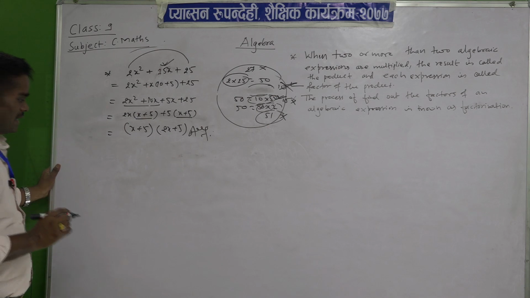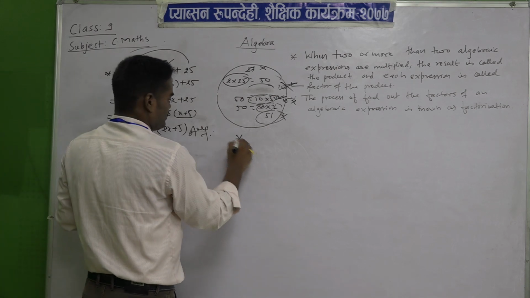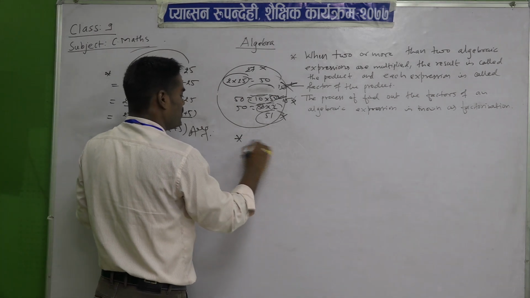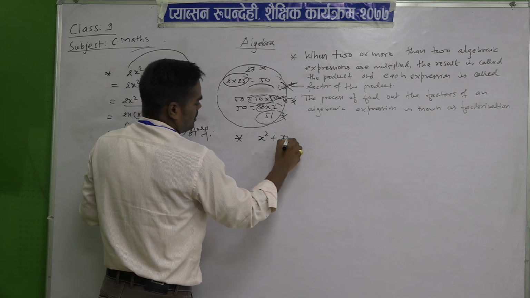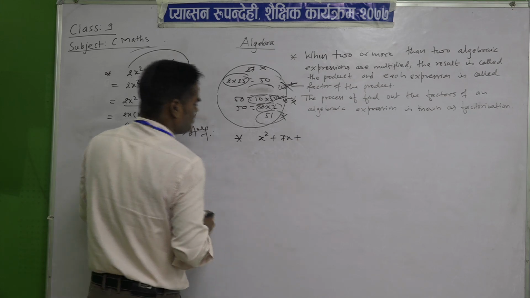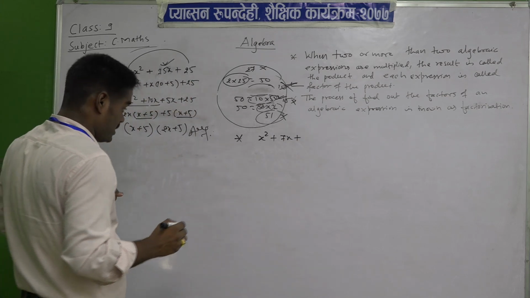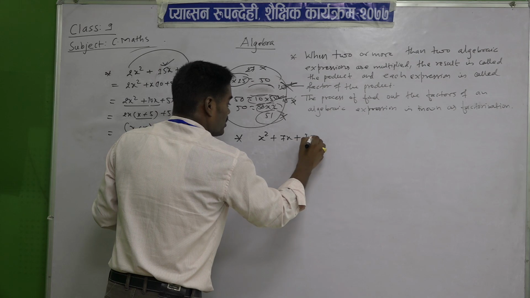So, right here like this, take common, and this is the answer. Understand? And I will give some questions like this. See here, you have to do it at home. x square plus 7x plus 12.